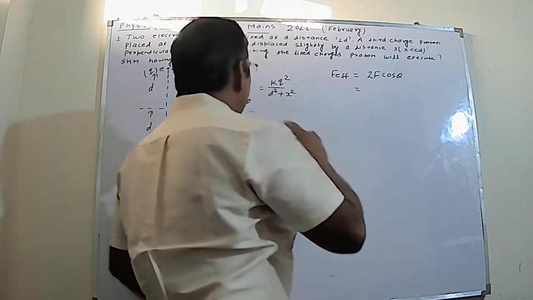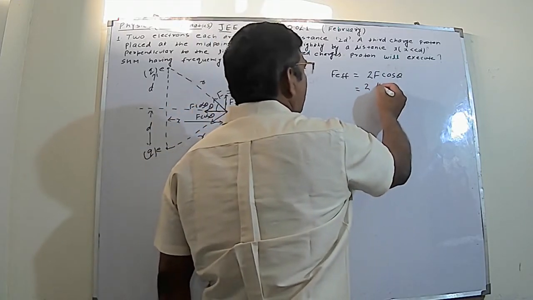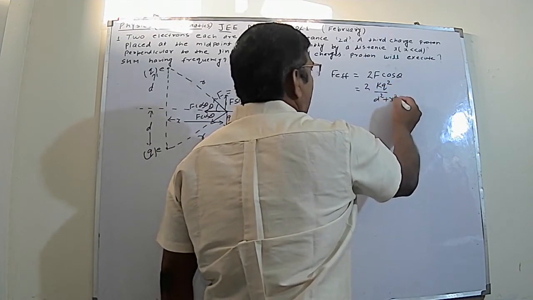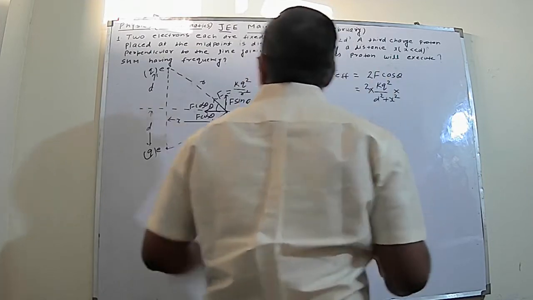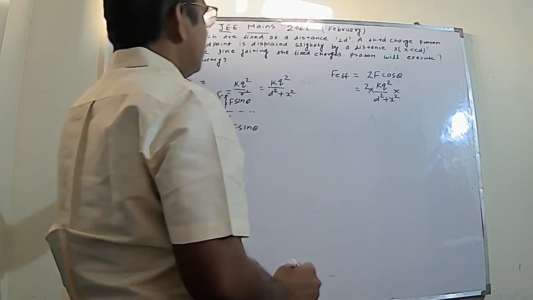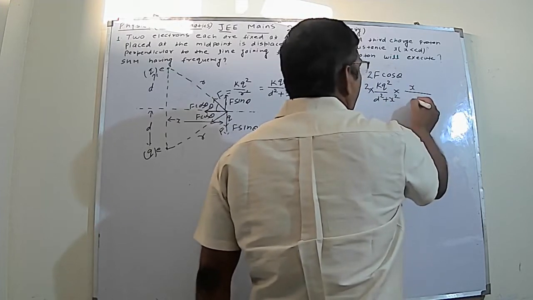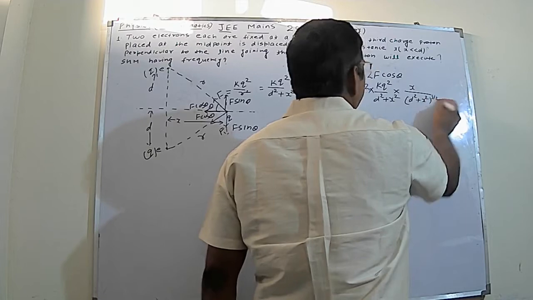And what is F here? F here is kq square by d square plus x square. And what is cos theta? Cos theta is x divided by r, and r is d square plus x square to the power half.